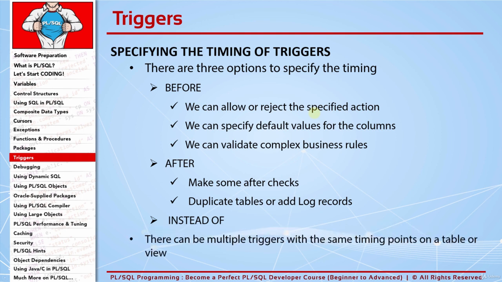There can be multiple triggers with the same timing points on a table or view. We can have more than one trigger on the same table or view, and even more than one trigger with the same timing point. Actually, this is not what we want, because we know that before triggers work before the after triggers normally. But which one of the before triggers will work first?